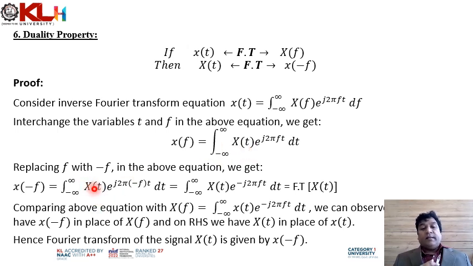Then you will get e power j 2 pi, and in the place of f we are going to write minus f. T stands as it is. Dt remains the same. Then we can write this equation as the integral of X of t e power minus j 2 pi f t dt. This is simply the Fourier transform of the signal capital X of t. So thus we can see the Fourier transform of the signal capital X of t is simply small x of minus f. That is the duality property.